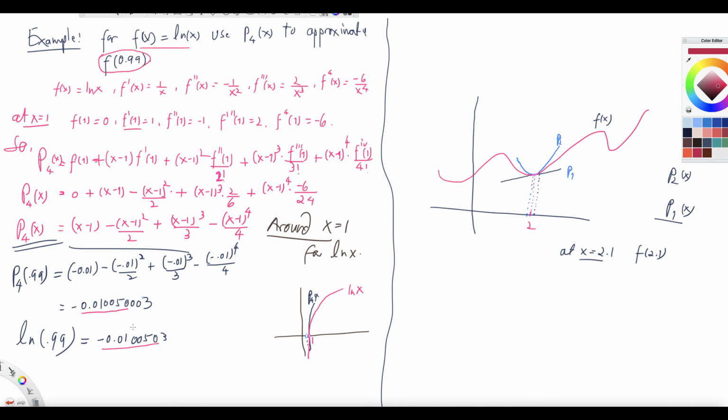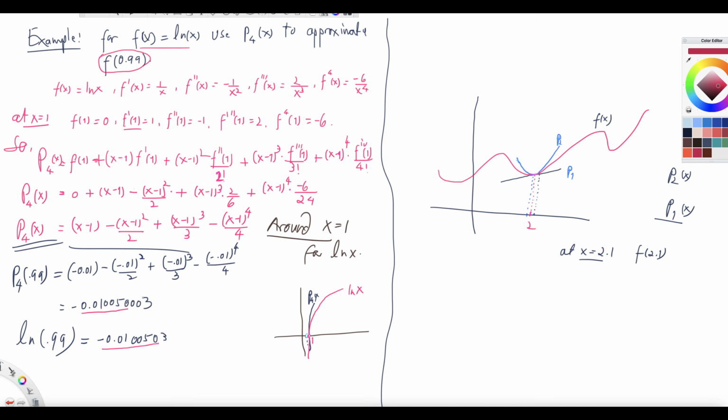So you get exactly the same value up to 6 decimal places. So P4 was doing a good job approximating the value of natural log of x at 0.99. We use Taylor's polynomial of degree 4 around x equals 1, because 0.99 is close to x equals 1.